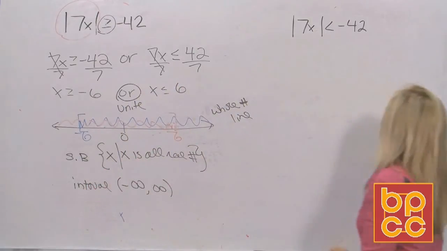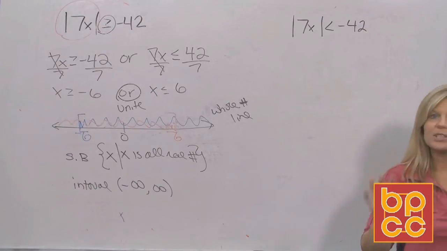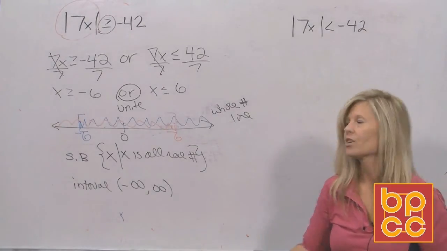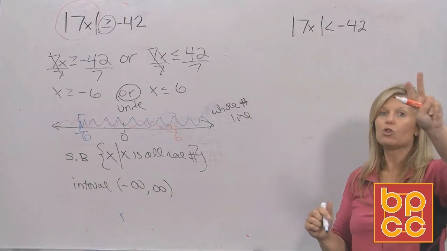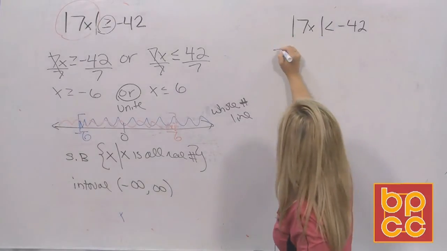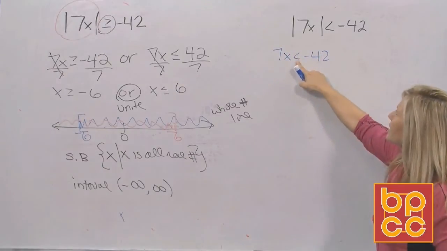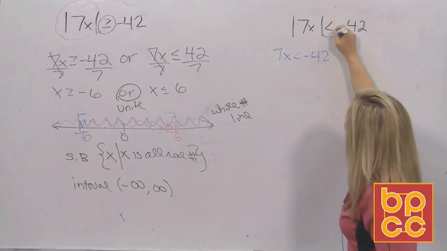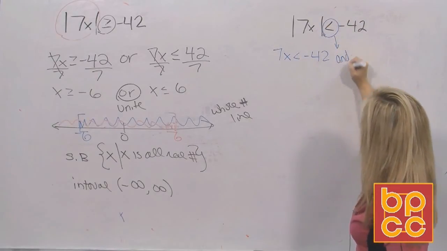So our last absolute value inequality, again, is here. If you're a procedure person, the procedure works. You isolate the absolute value. It's isolated. You write me two inequalities. The first one you write is what you see. So 7x is less than negative 42. That's a less than. What word do we use? Good. We use and.